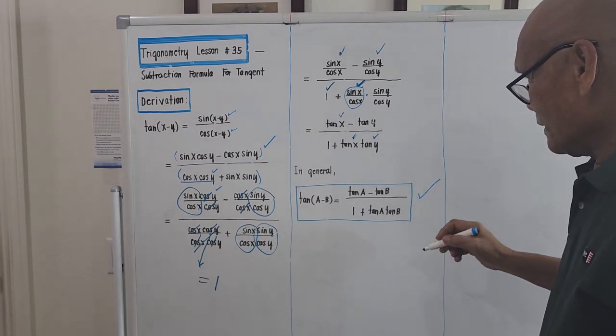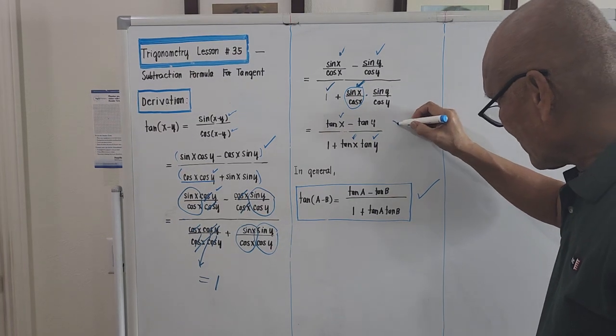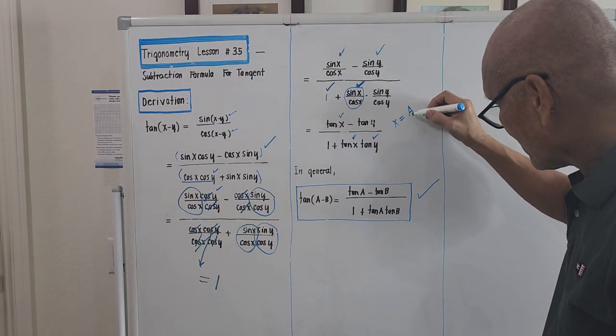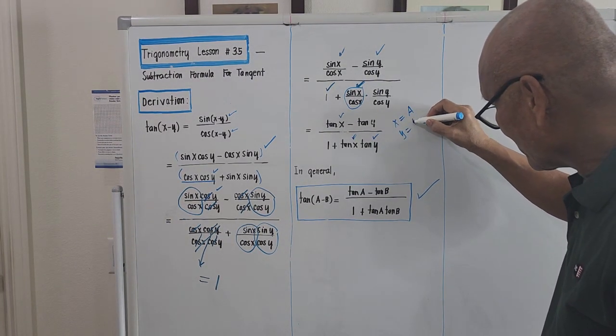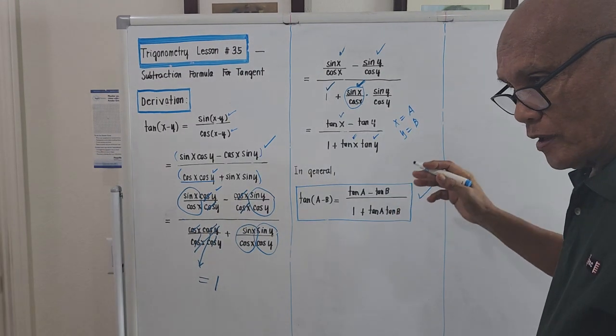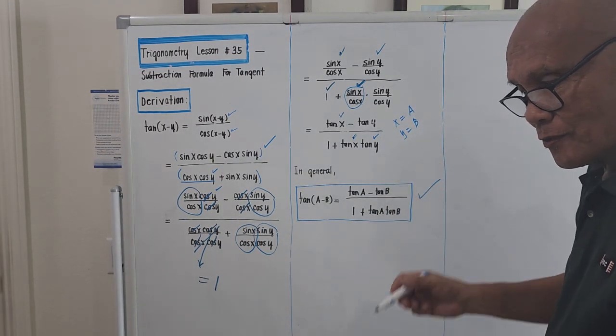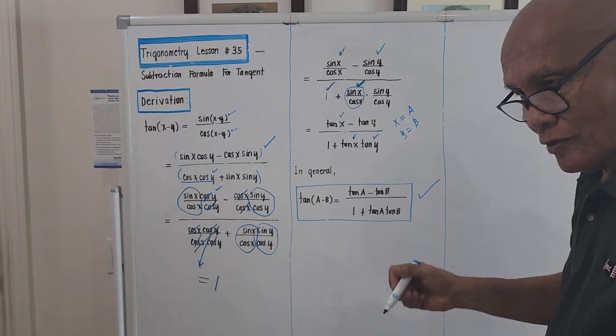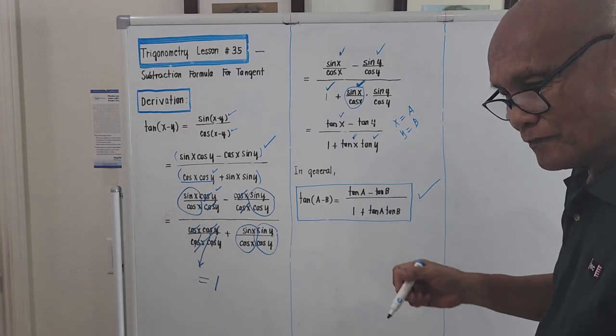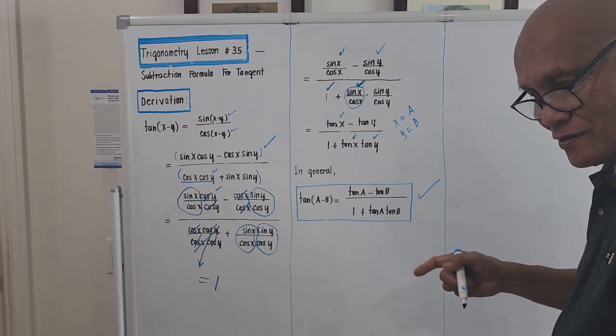Okay? So if we now try to replace x by a and y by b, we will now be bringing out the general formula on how to solve for the tangent of a difference, right?